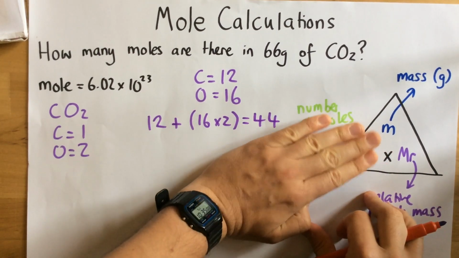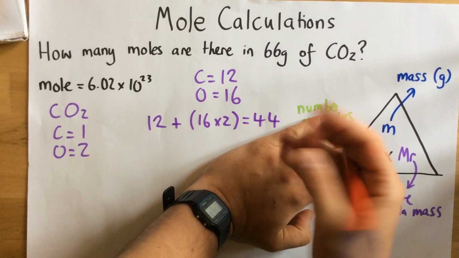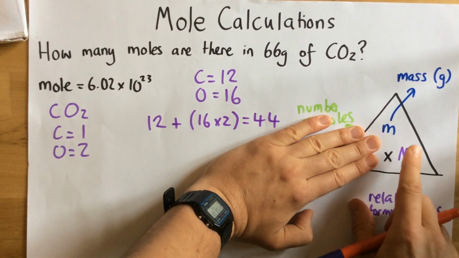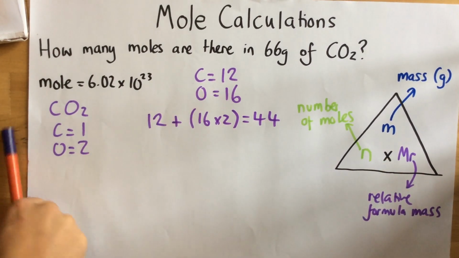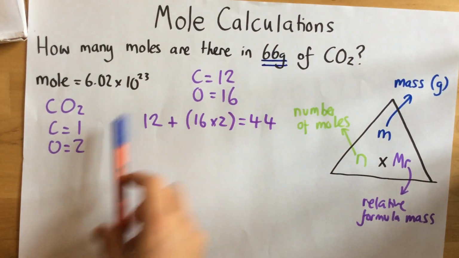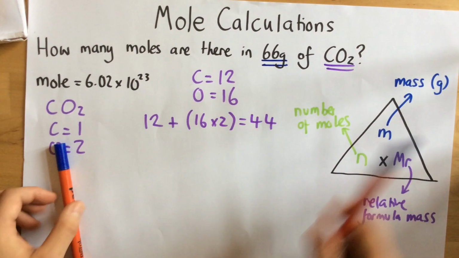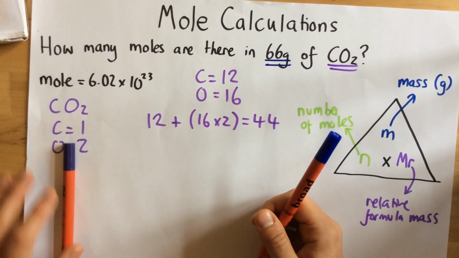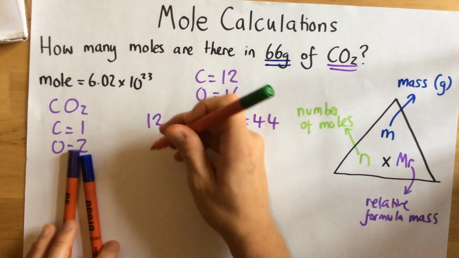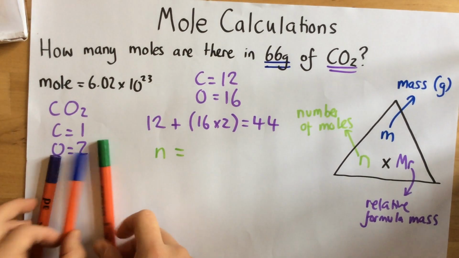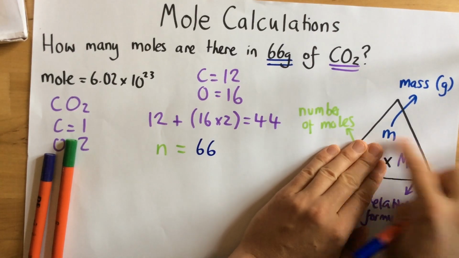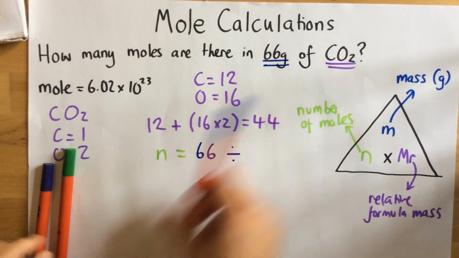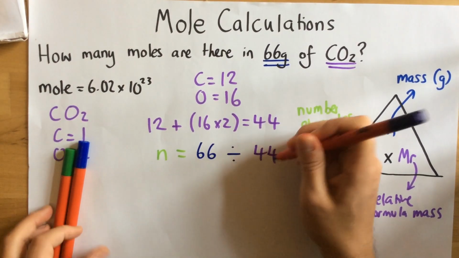To find the number of moles, so how many particles there are, I need to do my mass divided by my relative formula mass. My mass in the question is 66, divided by 44.